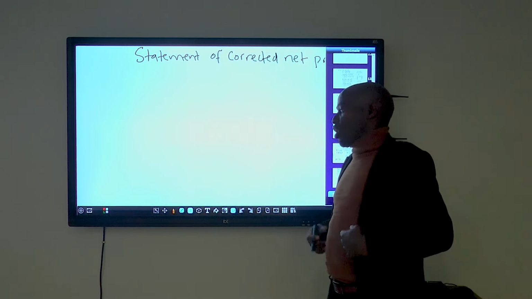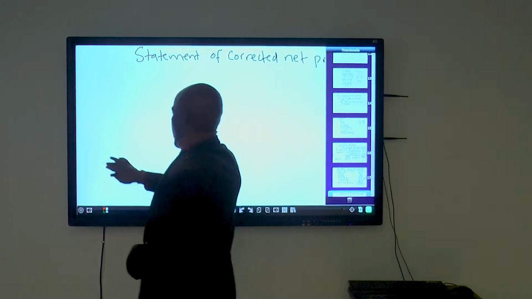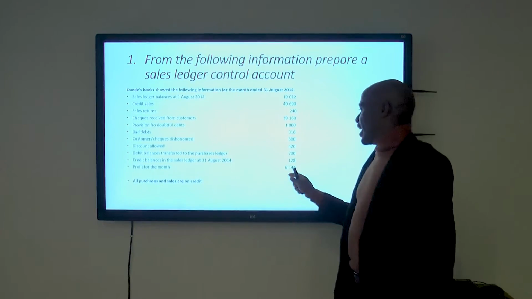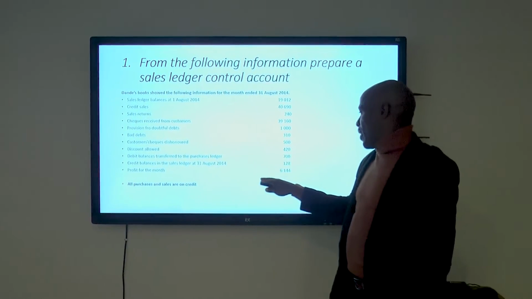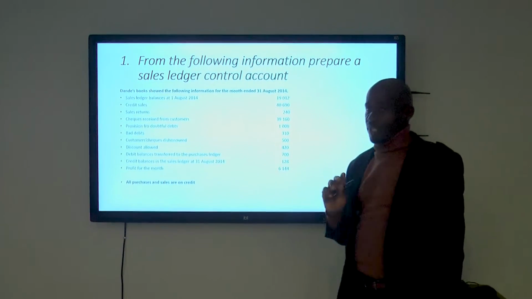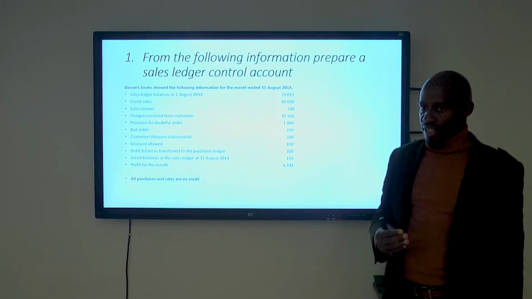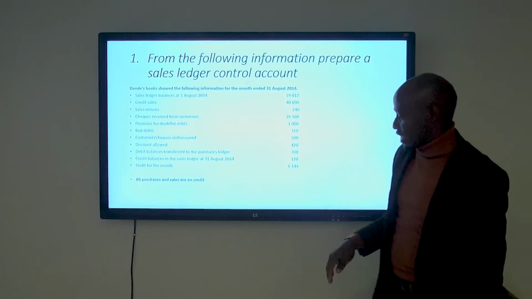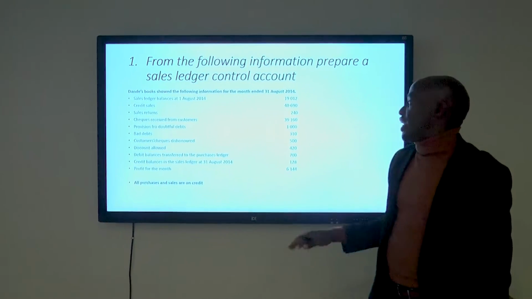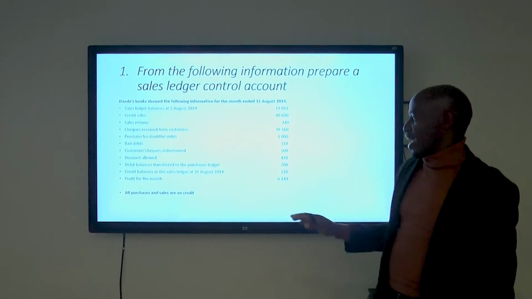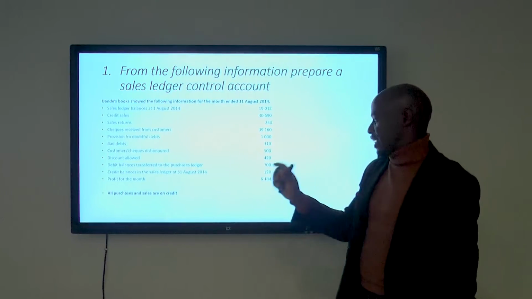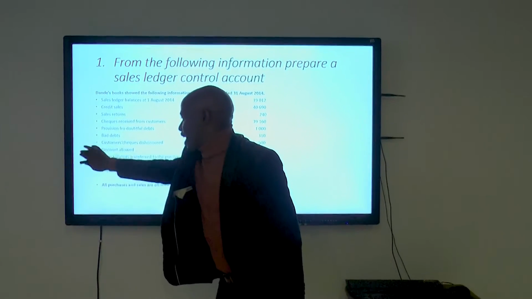Now, if you refer to our question, you realize that our profit for the month was 6,144. But this was before the discovery of errors. Now, what then should we do? The question says, prepare a statement of corrected net profit. Right, how do we do that?